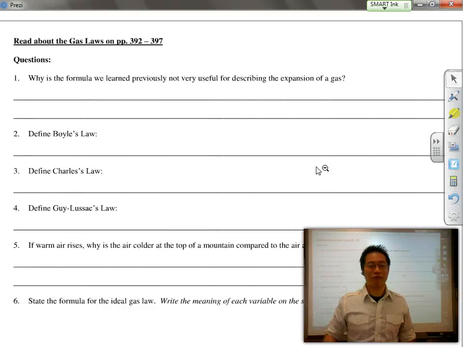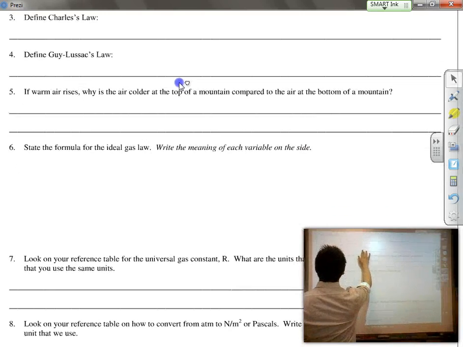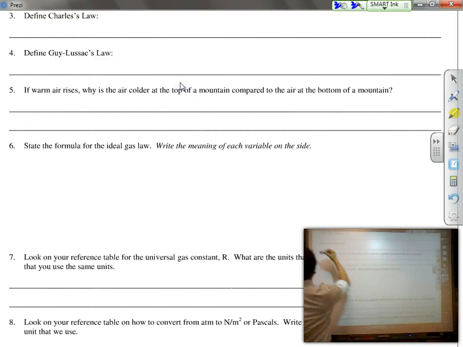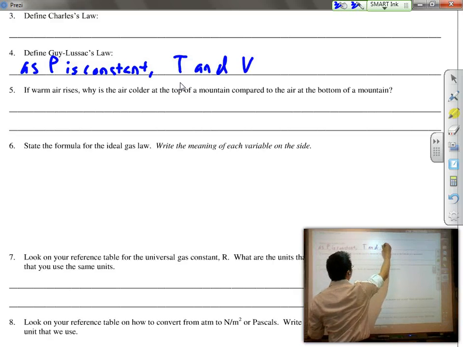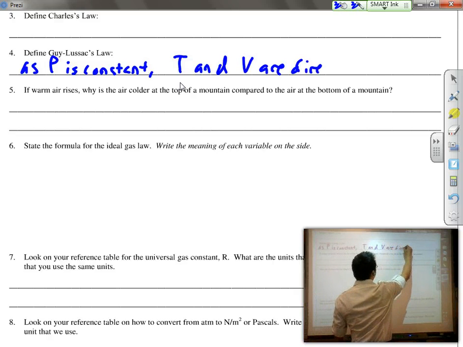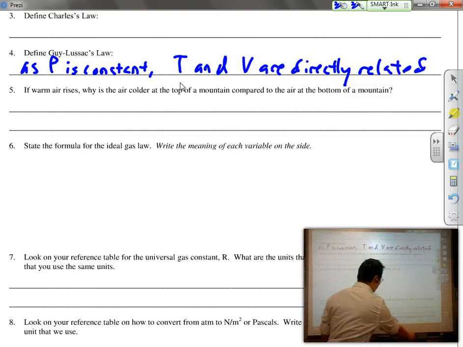Okay. And our final gas law is Gay-Lussac's law, which talks about the relationship between temperature and volume. So, assuming, of course, that pressure is constant, temperature and volume are directly related to each other.